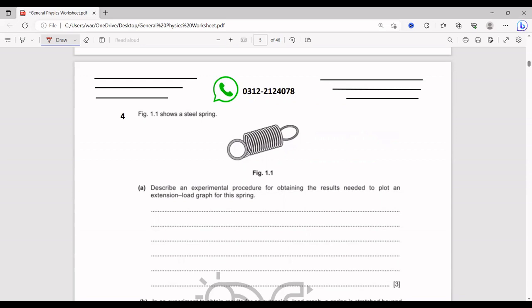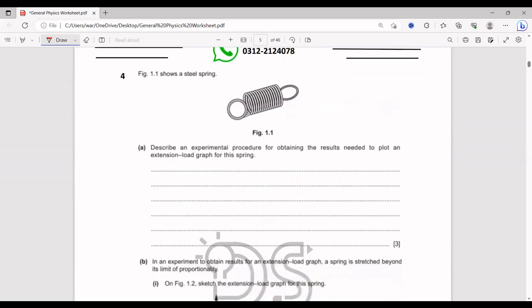When you increase the load, the length of the spring changes. We have to note down the extension produced for each load, and after that we have to make a table between weight and extension, and then plot the graph.